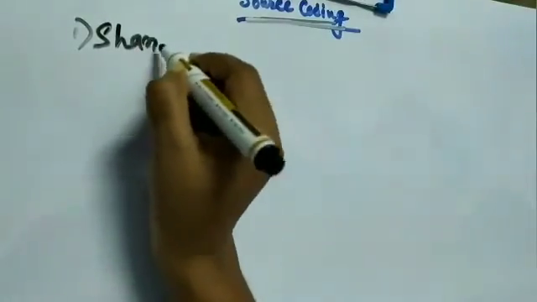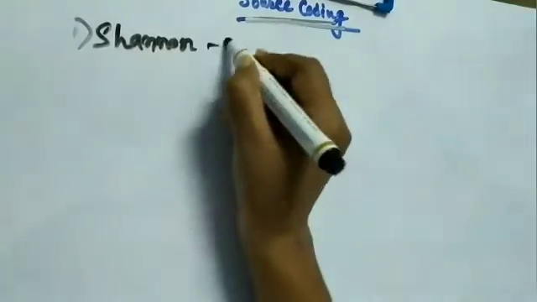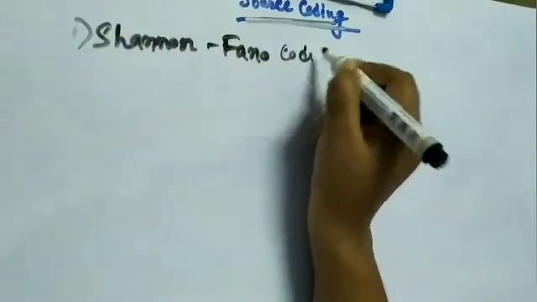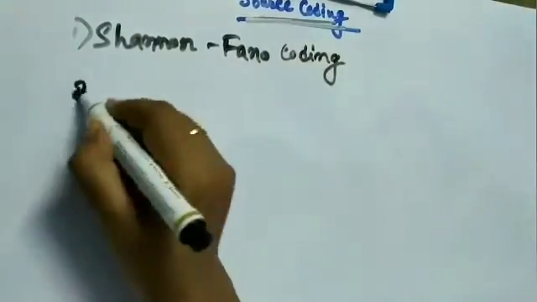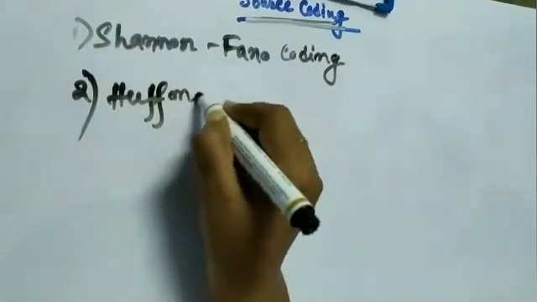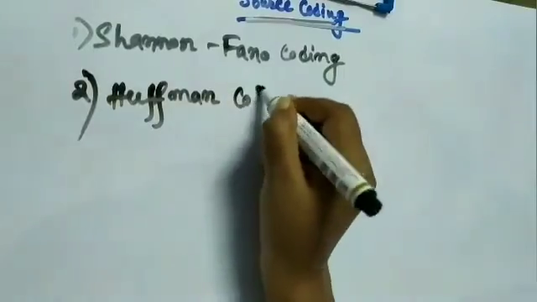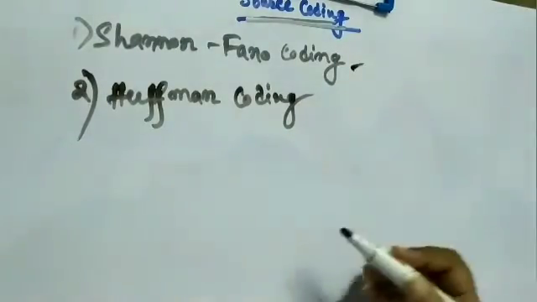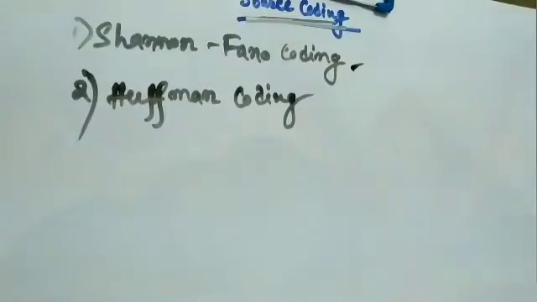One is Shannon Fano coding and second one is Huffman coding. First we will talk about Shannon Fano coding, after that Huffman.